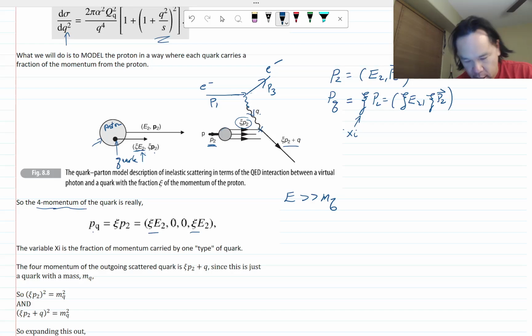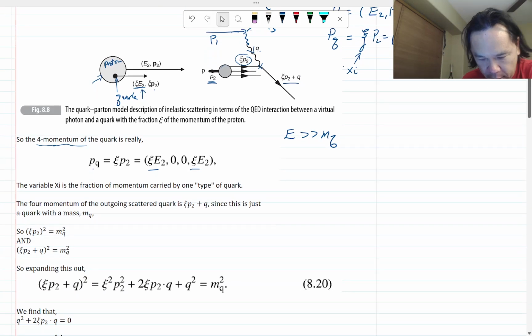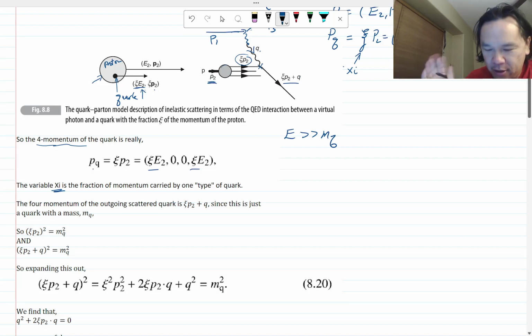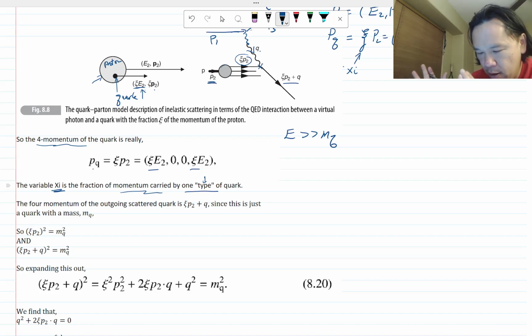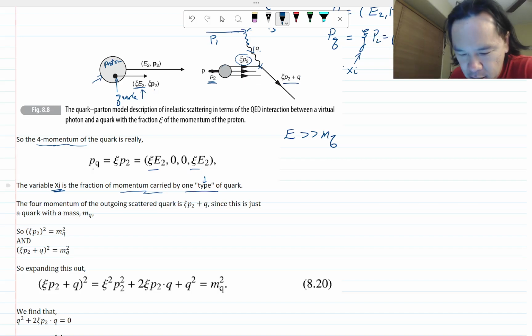So what does this mean? This XC thing, don't worry, we're not going to carry this variable around too long. It's basically the momentum carried by one type of quark. I want to say type, so be careful: when we're scattering off these things, we cannot tell the difference between up quark number 1 or up quark number 2, because they are identical particles.